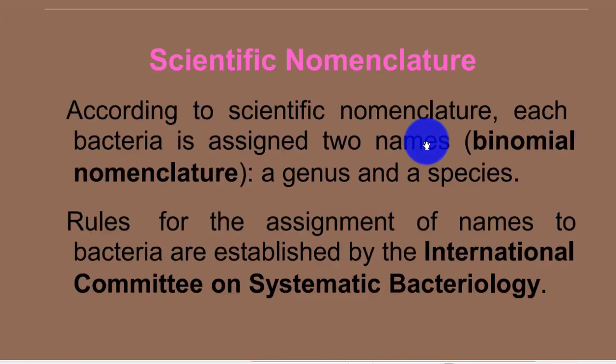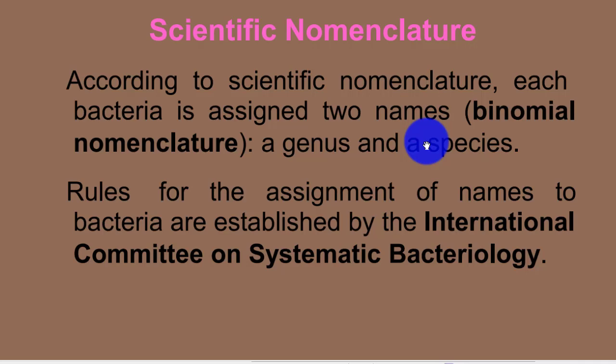Scientific nomenclature. According to scientific nomenclature, bacteria are assigned a binomial name, genus and species, which are in Latin, and this is not a changing language. Staph aureus, we say Staph aureus. Escherichia coli. Nobody can change this with language.